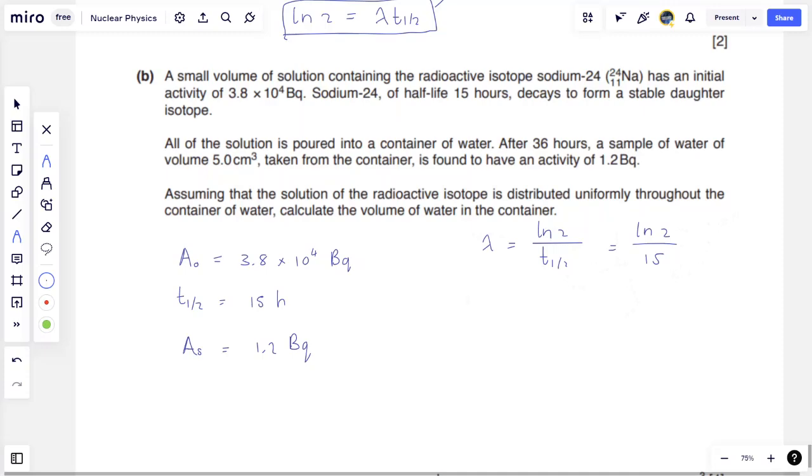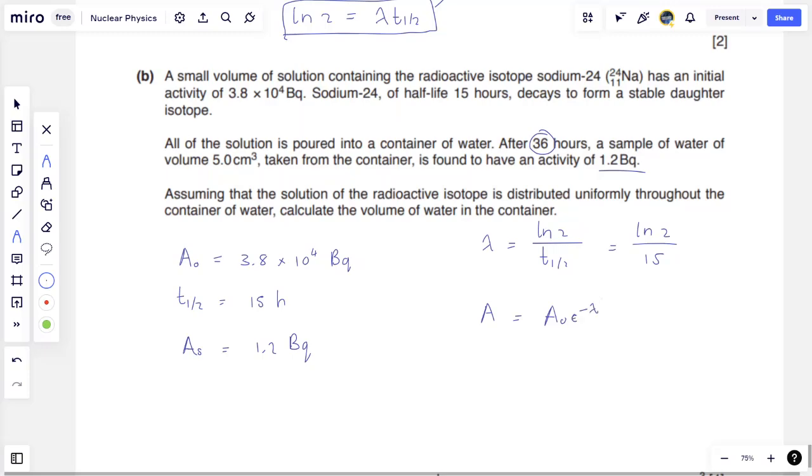That's a number, and now I know it, which means that I can find the activity of the sodium after this time of 36 hours. So let's say 36 hours has passed. What should the activity be? We know we found an activity of 1.2, but what should it be if I didn't mix the sodium with the water? So A is A naught e to the minus.